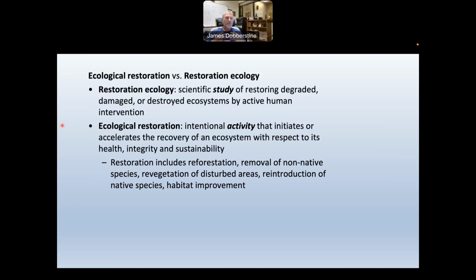I would say, again, from personal experience during the course of my career, that I've seen a lot of entities that are really desperate to get plants in the ground, right?